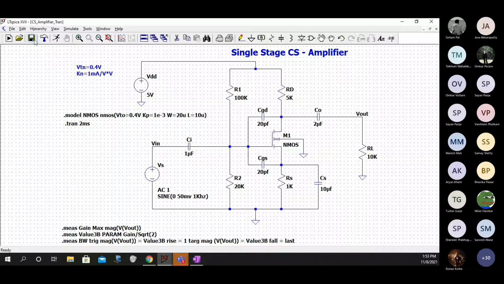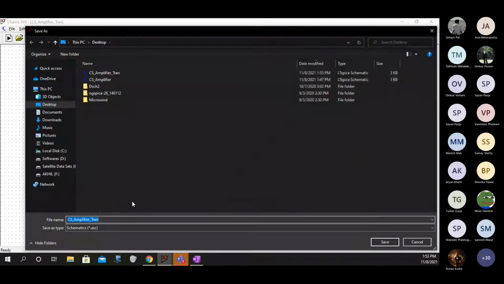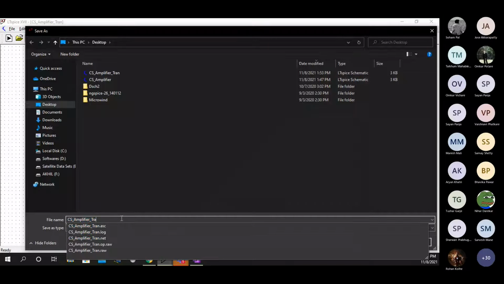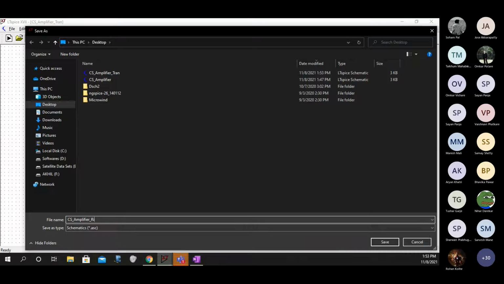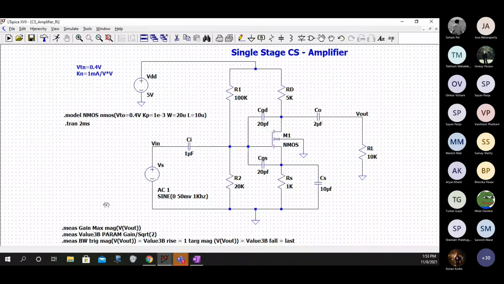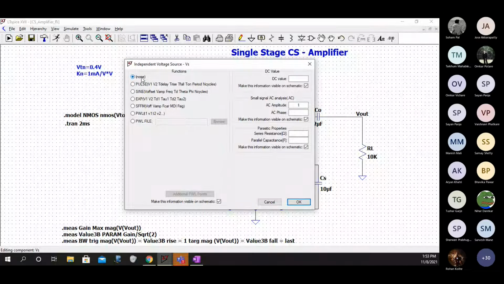So what I'm doing here now is, this was the .tran, so the same file I'll save it as RI. I want to measure the input resistance RI. So what I'll do here is I'll click on this, I'll say here none, AC amplitude is 1, phase is 0.